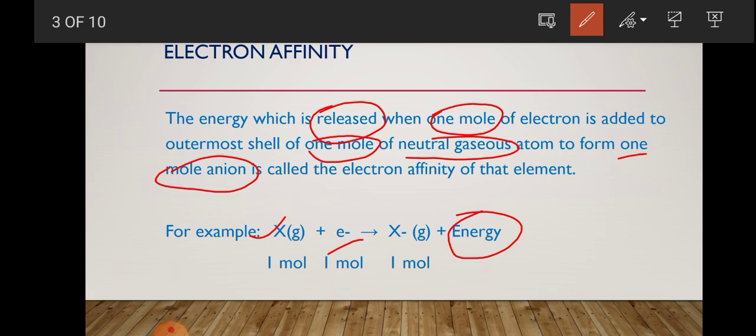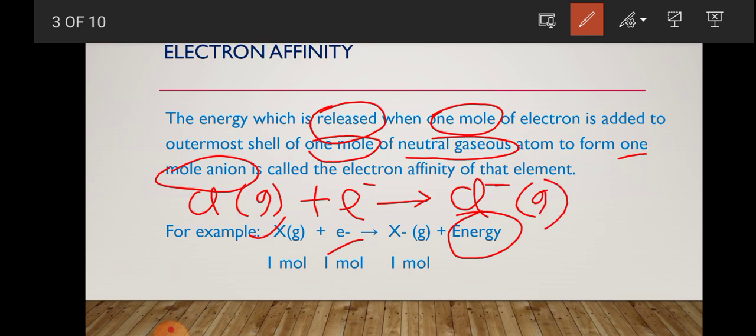If we use a definite example such as chlorine, 1 mole chlorine atom which is in gaseous state, when added 1 mole electron, then it produces 1 mole chloride ion which is also in gaseous state, and energy is released, and the amount of energy is minus 349 kilojoule per mole.